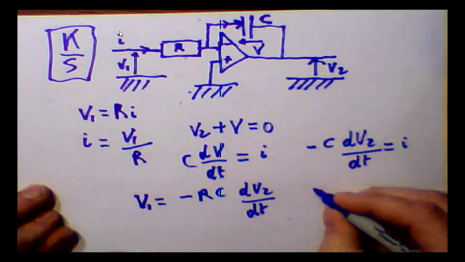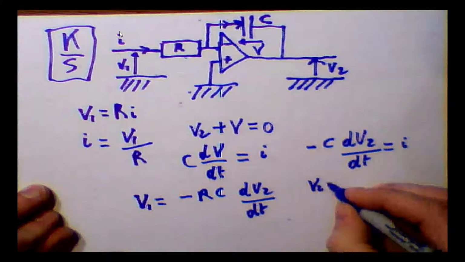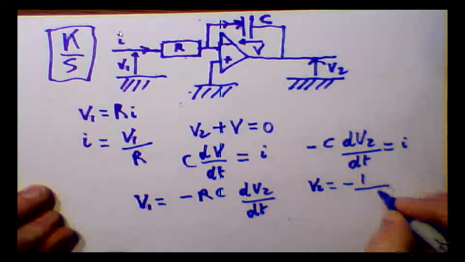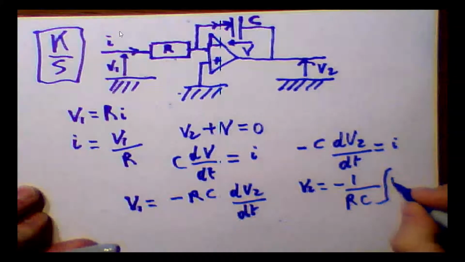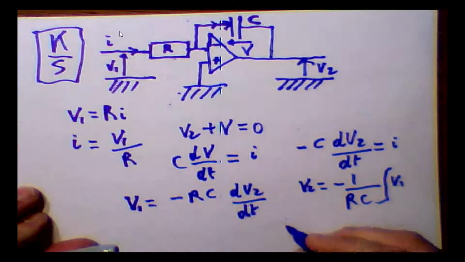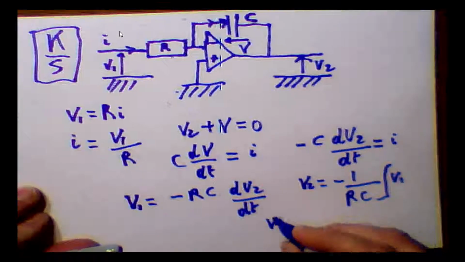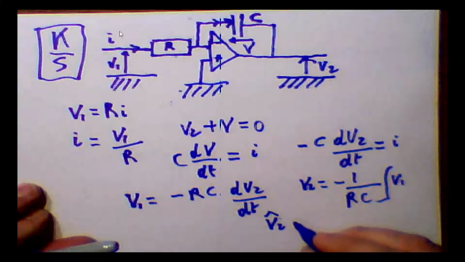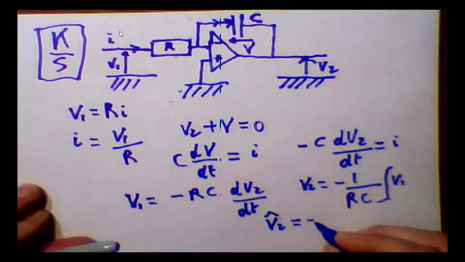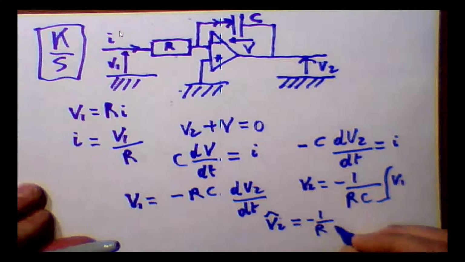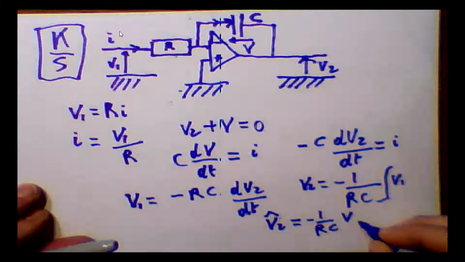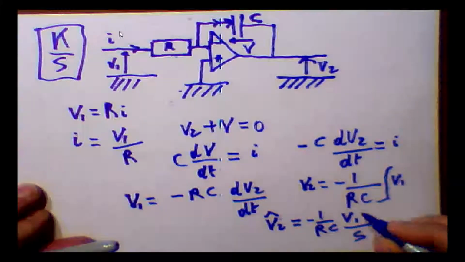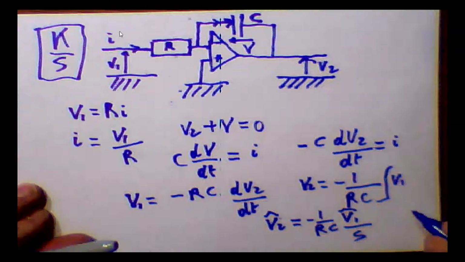Another way of saying it is that V2 is equal to minus 1 over RC times the integral of V1. Therefore, V2 hat is equal to minus 1 over RC times V1 hat over S.